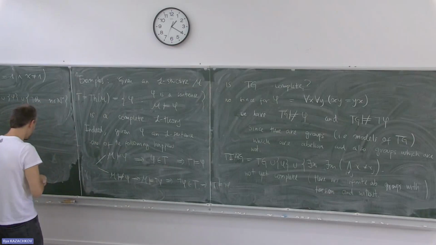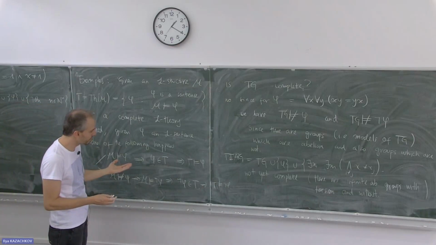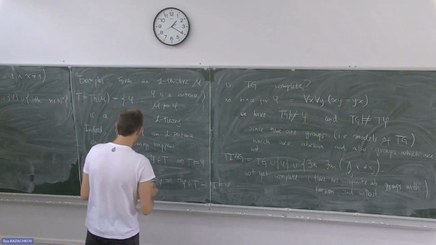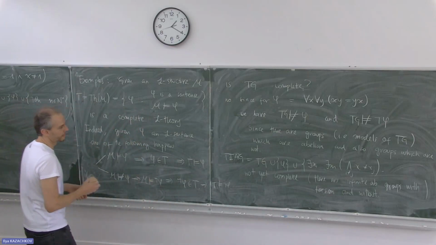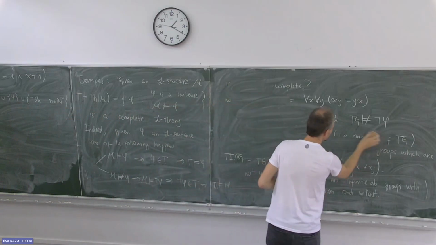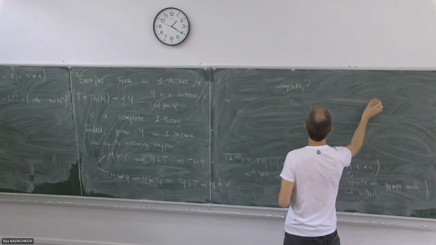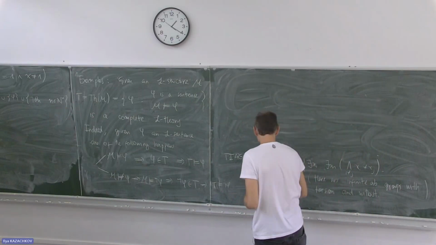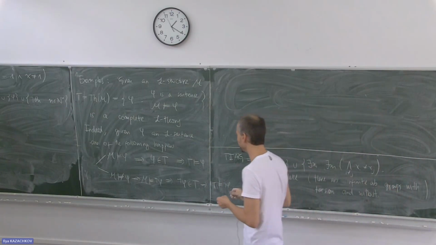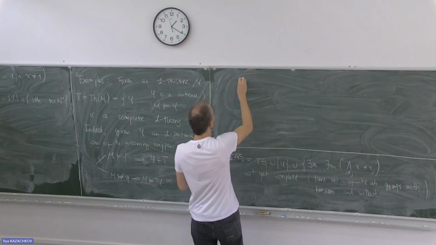Yes, because I only need to show this last implication, because phi is implied by it. So that last implication already involves all n. Correct. Let's do this slowly because I don't want anyone to be lost.